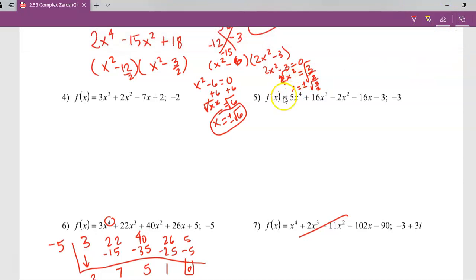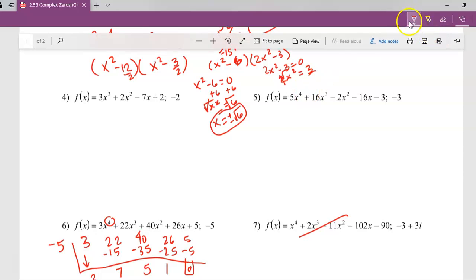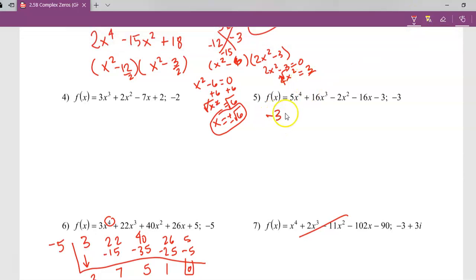All right, I'm going to just erase that a little bit so we can see number 5 better. So start out the same way. We have our -3. We have 5, 16, -2, -16, and -3. We want that to be 0, or we made a mistake because it was given to us as a 0. So -3 and 5 is -15.